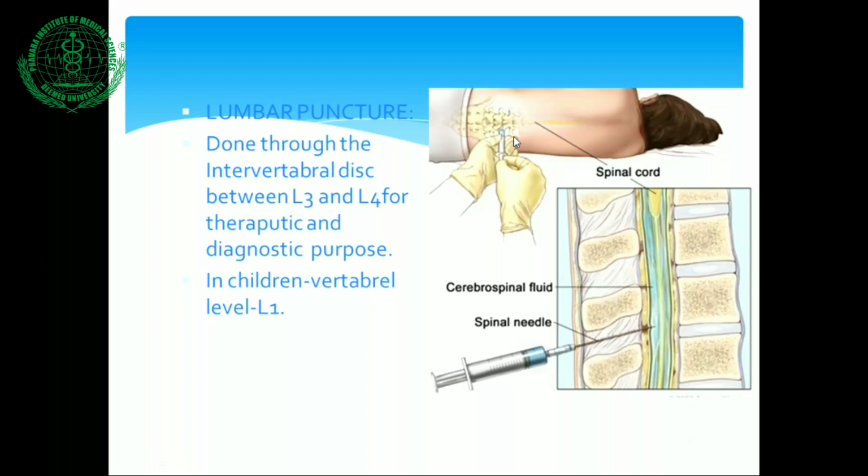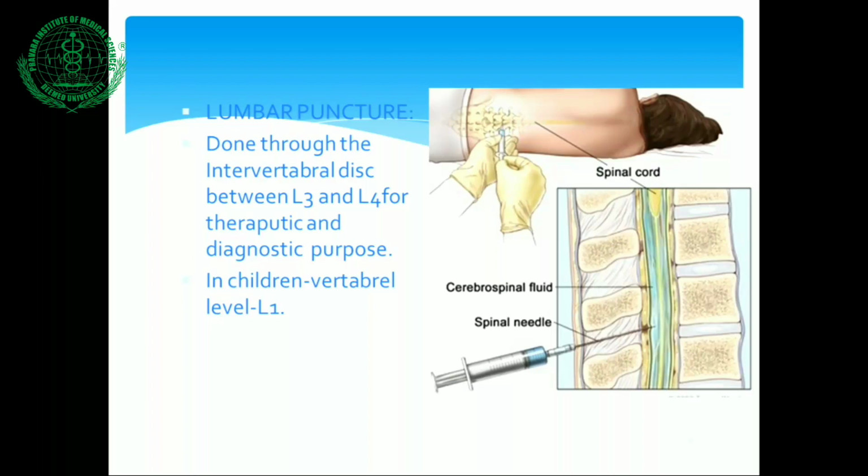During this procedure, a needle is injected through the space between the third and fourth lumbar vertebrae, and aspiration of the cerebrospinal fluid is done. The examination of the cerebrospinal fluid is done specifically for pus cells and the level of protein in the cerebrospinal fluid.